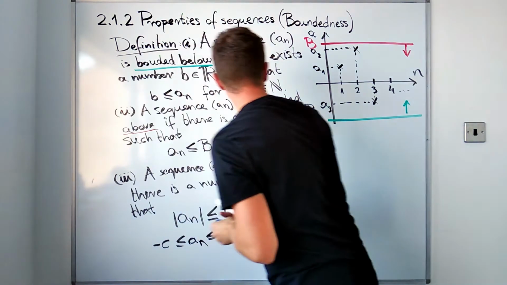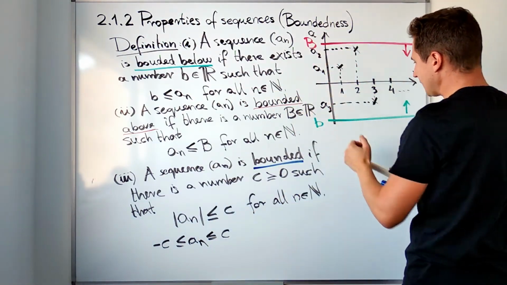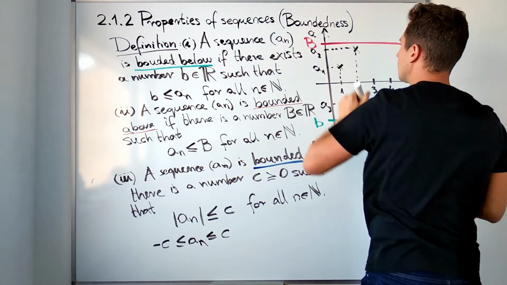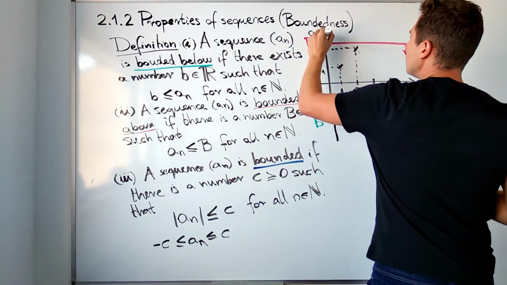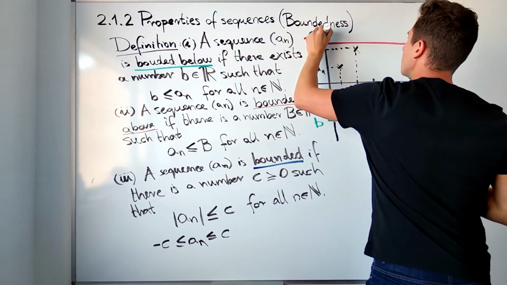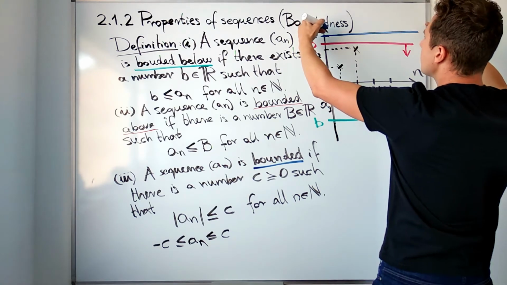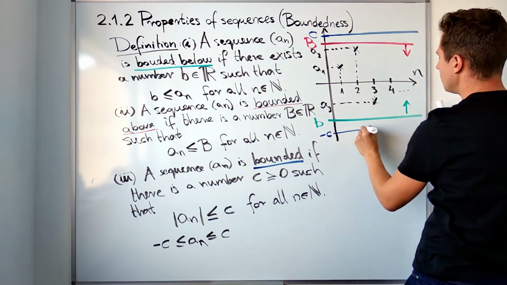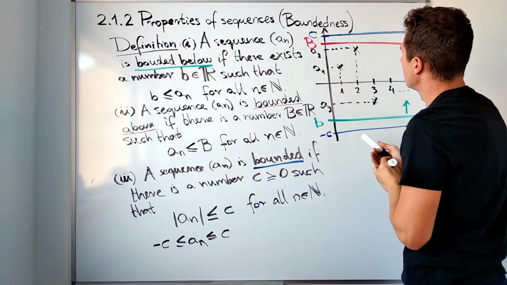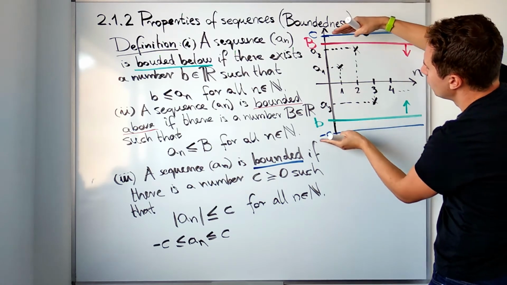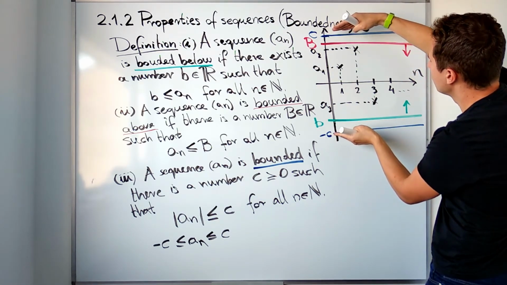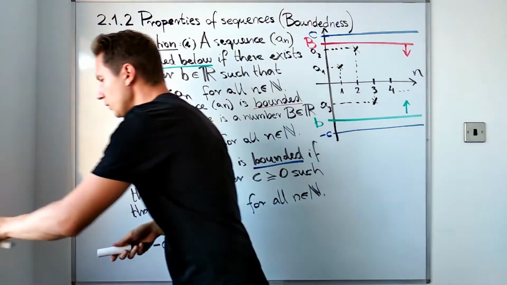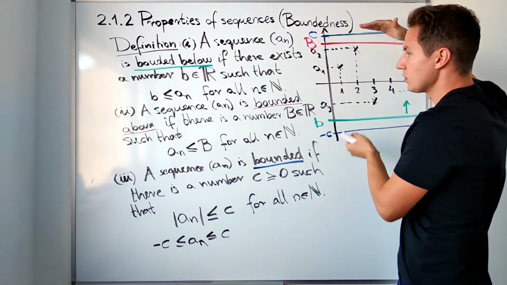And finally, if these things happen, then of course we can also pick a certain height, a non-negative value for C, such that if we take this ceiling, take this line and reflect it over the horizontal axis, let's say here is negative C, then all terms in the sequence lie between these two lines, negative C to C. All terms in the sequence are in this strip of negative C to C. So this is how I like to visualize these sequences.